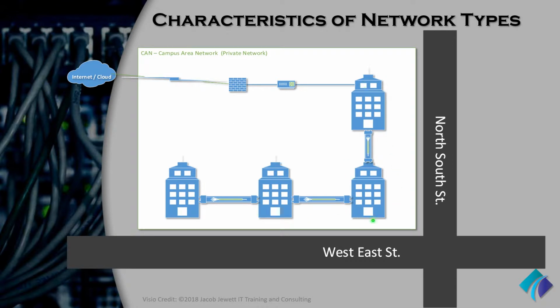So if you've ever been on a college campus, or your high school campus is big, typically that's what we're talking about: one geographical location, multiple buildings connected together, creating a CAN. Be very vigilant on the different sizes of networks because CompTIA will test you on these, and they are very particular. So if you think, oh, well, I have multiple buildings in a location, there's multiple LANs, so that's a WAN, a wide area network, you would be incorrect, okay?